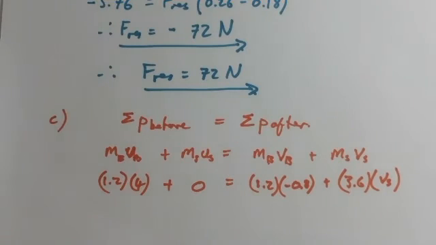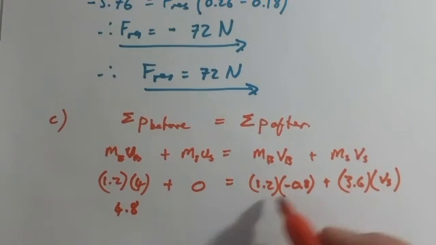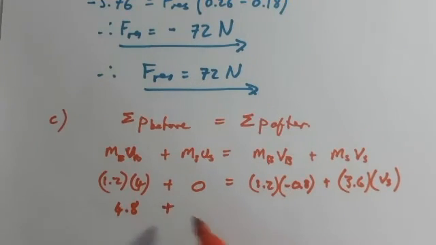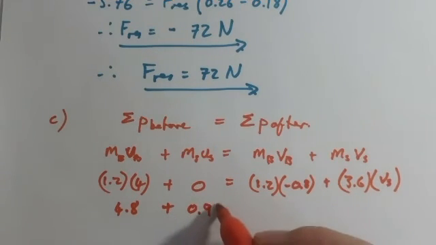So 1.2 times 4 is 4.8. I'm going to have a negative value over here. So let's just write it in, 4.8. 0 I'm going to leave. I'm going to bring this directly over and say plus that, which is the 1.2 times 0.8 is 0.96, right?